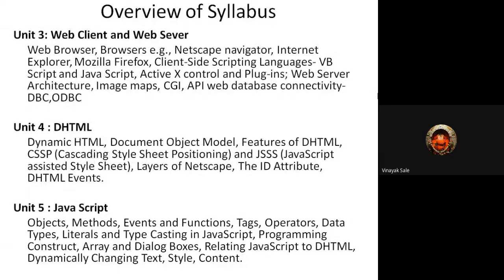Then in unit 5, that is JavaScript: objects, methods, events and functions, tags, operators, data types, literals and typecasting in JavaScript, programming constructs, array and dialog box, relating JavaScript to DHTML, dynamically changing text styles, content.